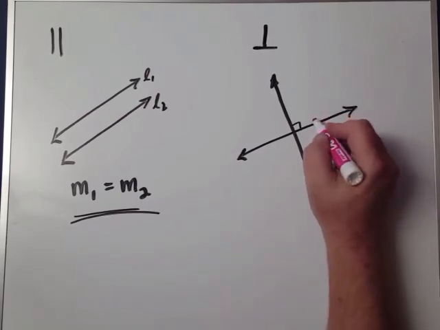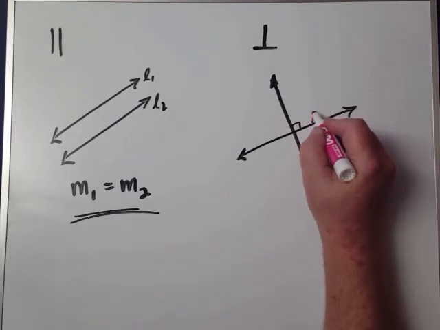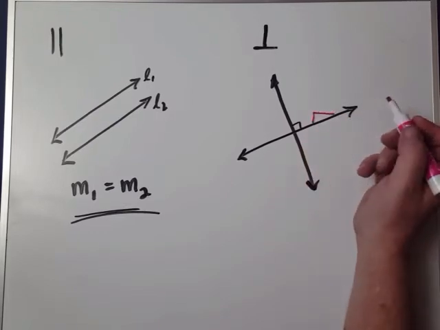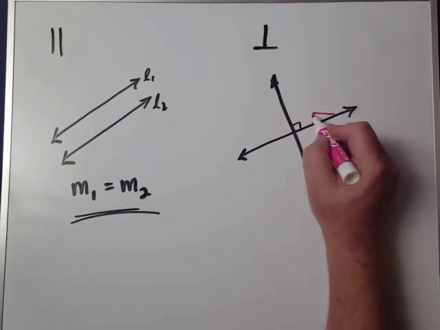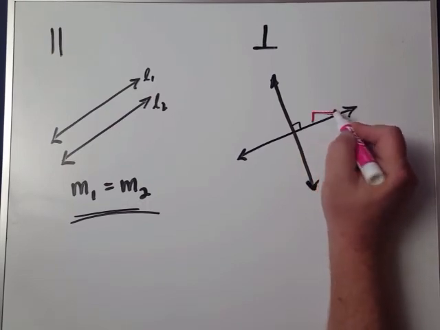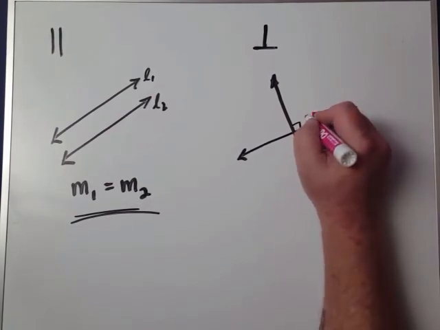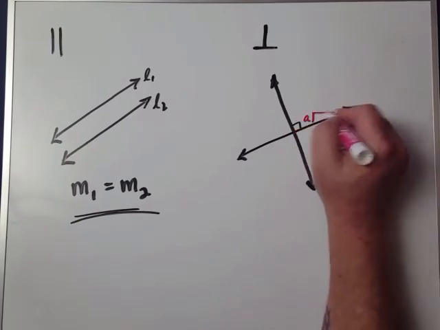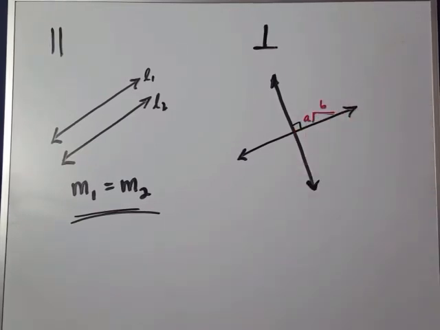Consider a rise and a run, an up and an over. Let's call my rise, that value, let's call it A. And my run, let's call that B.